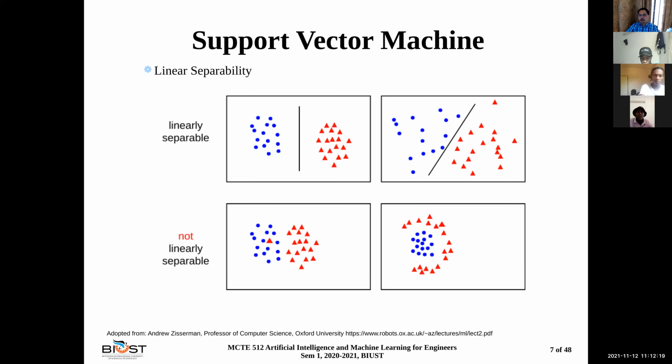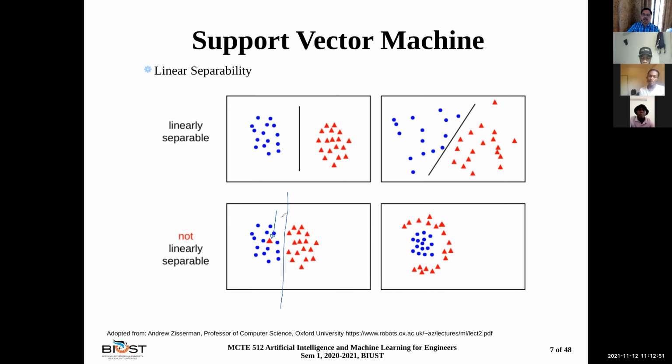Now we are saying that there is a better way of separating them. But before we go there, there are cases where they are not linearly separable. That means we cannot draw a line to separate the two types of objects. In this case here, we actually can, but there is some sacrifice of this point that you cannot separate. For example, if we draw a line here, that is separated, but there is this object here that is not correctly classified, but it's fine.